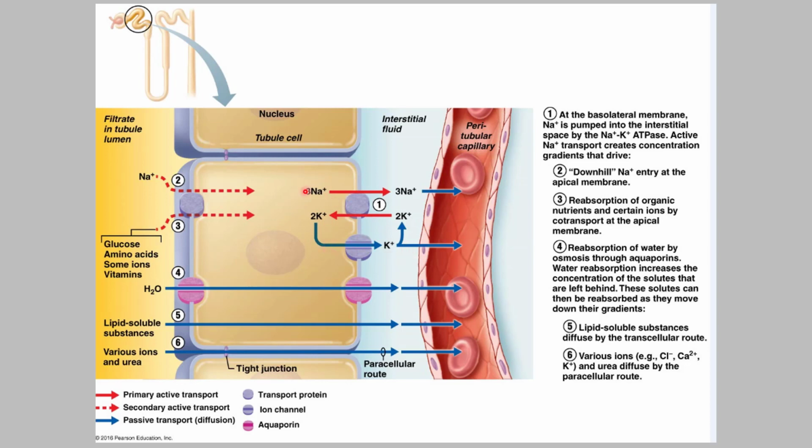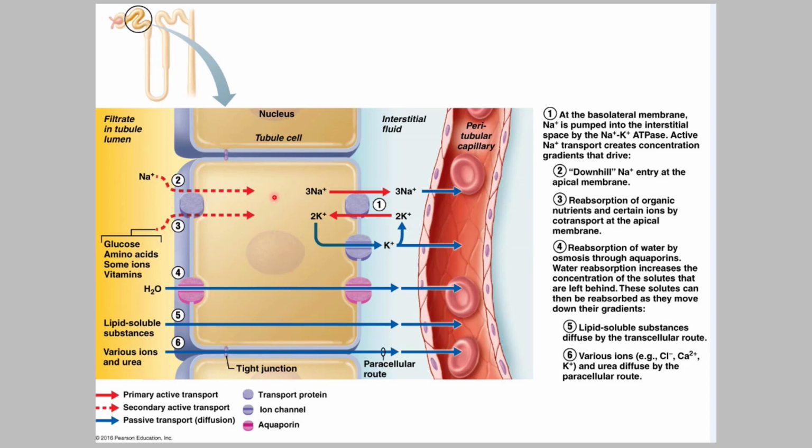But the sodium, as it's pumped out of the cell, is carried away in the bloodstream. It continues to get pumped out of the cell, and it's carried away in the bloodstream. What does that do inside the cell here? It creates a very low concentration of sodium.